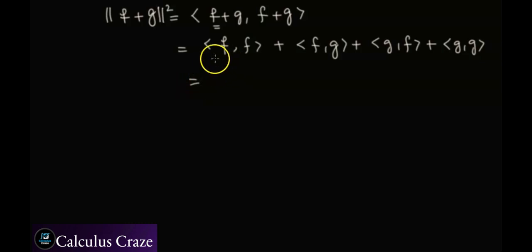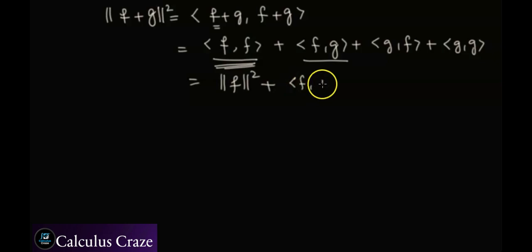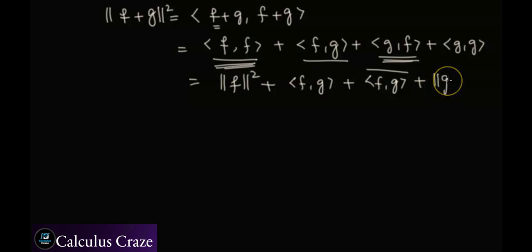So now you can see that f taken as an inner product with itself becomes the norm of f squared, plus f comma g, plus, now I can write this as the conjugate of the inner product of f and g, and this last term is the norm of g squared. This norm is under E, right?